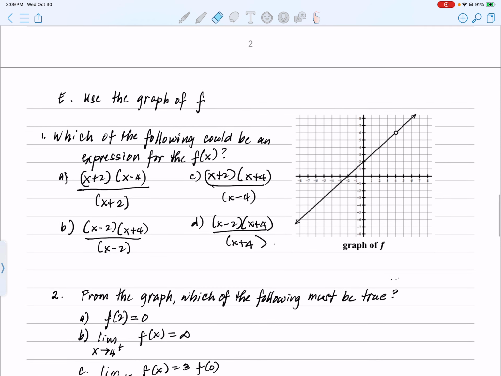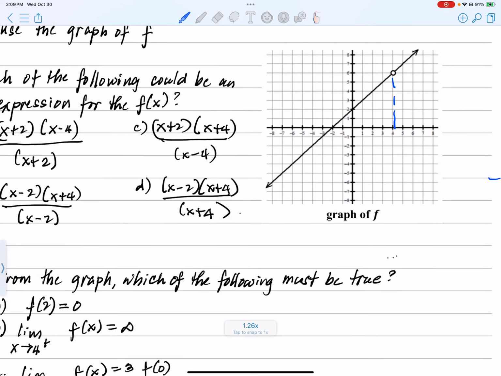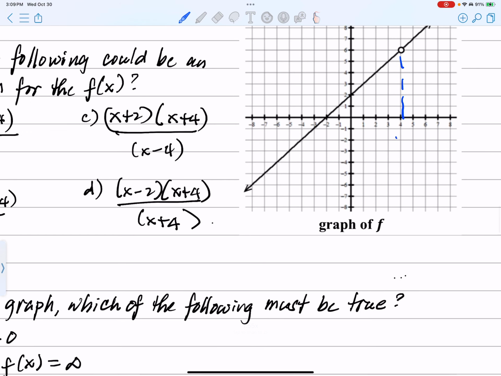Use the graph of f. So which of the following could be an expression of the function? So the only information that I think we can get right away, go straight to the hole. So the hole is located at, okay, I have to blow this up, x equals 4.